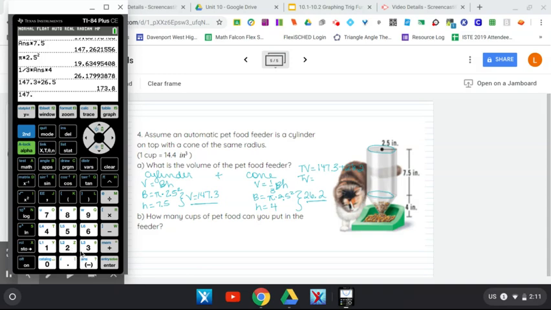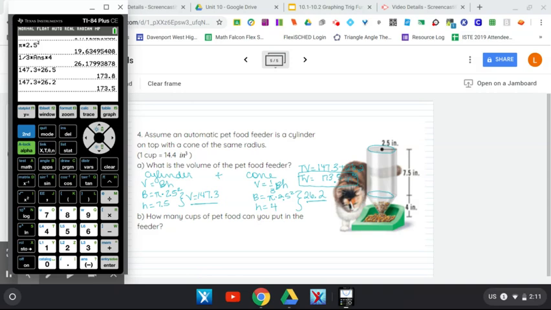So let's try that again. 147.3 plus 26.2. 173.5. And your units are inches cubed. So there's the total volume for the pet food feeder.